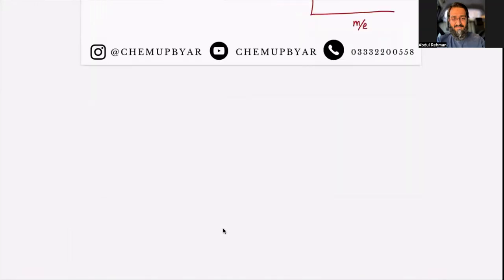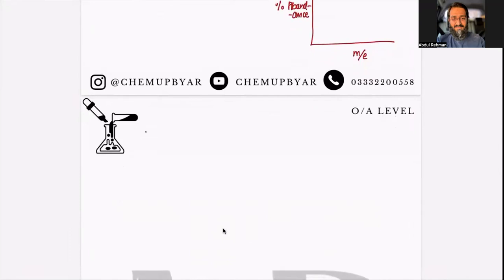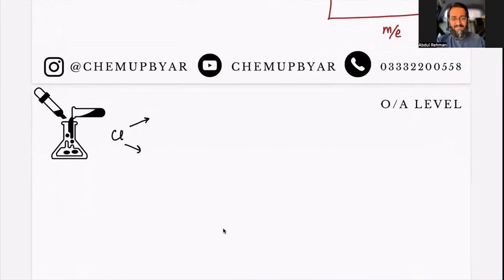Okay, now let's talk about chlorine, because chlorine is the one which you all know. Chlorine has how many isotopes? And what are those? Chlorine 37 and 35. Okay, so chlorine 35 and chlorine 37, right?